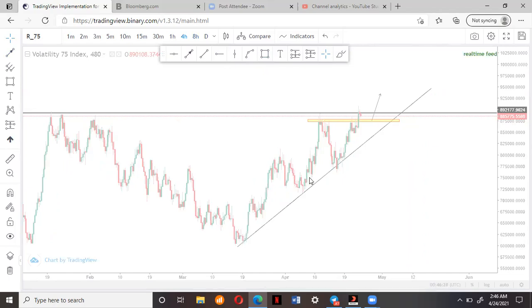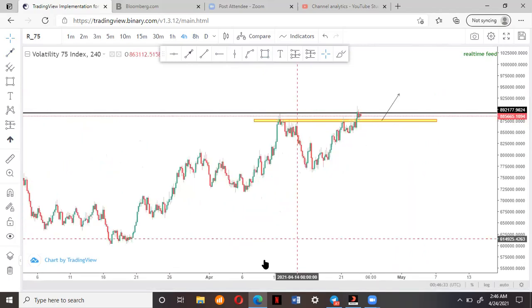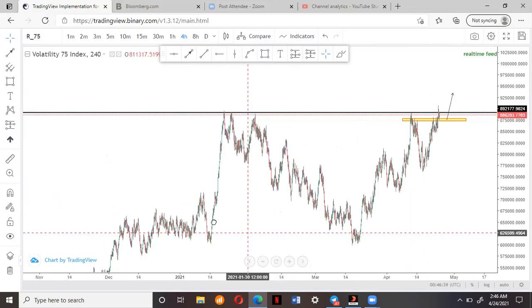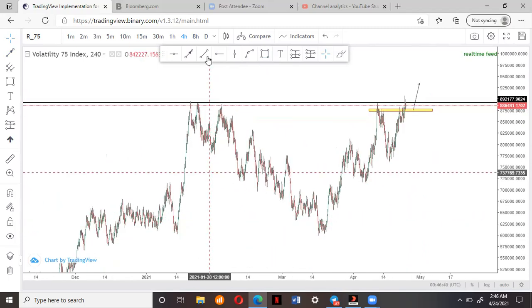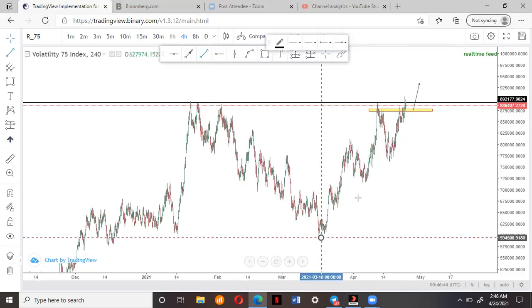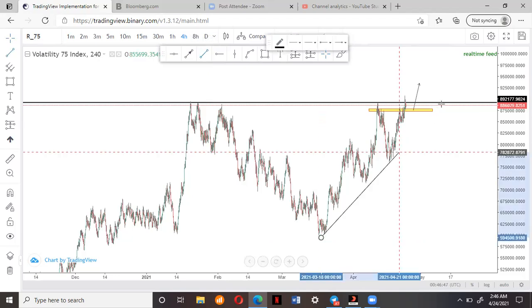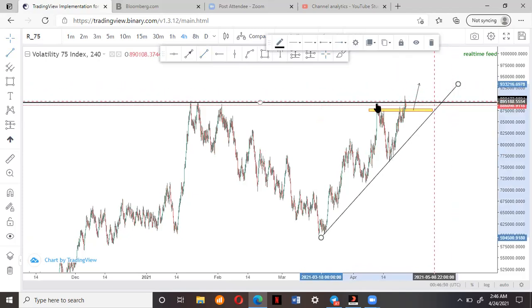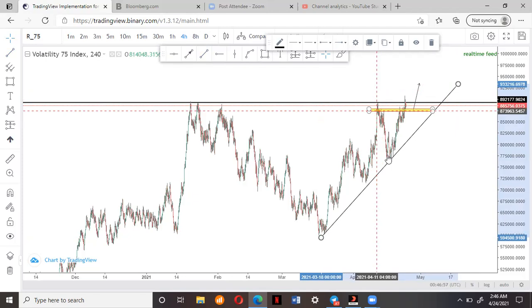Why am I saying this? Why am I saying we are coming for a new high, instead of saying it has reached the level of resistance and we can short? I'm saying this because I can see that last week we were here on this level, failed to break above here and came down.